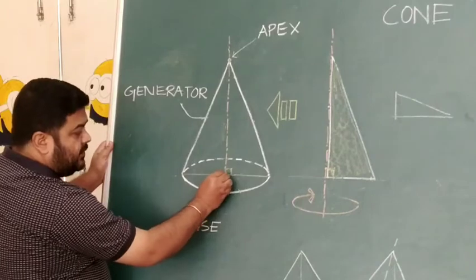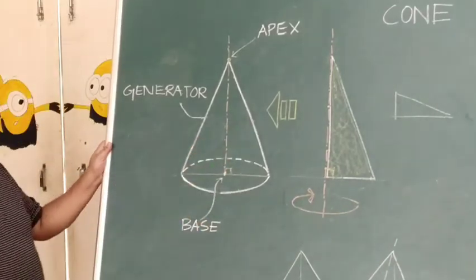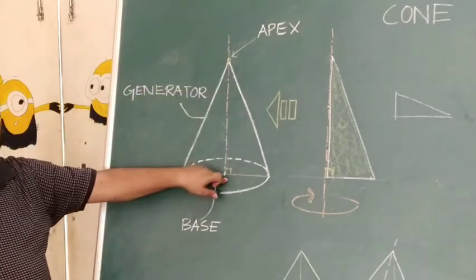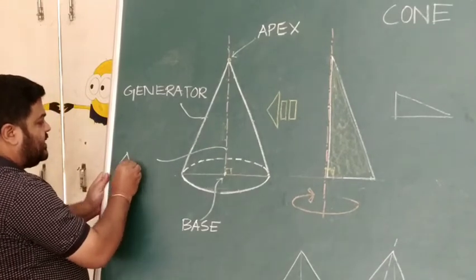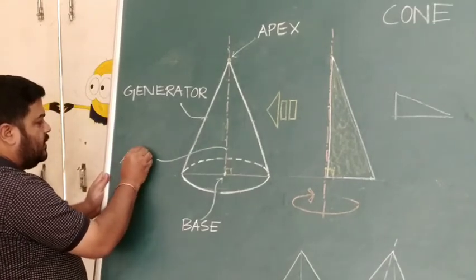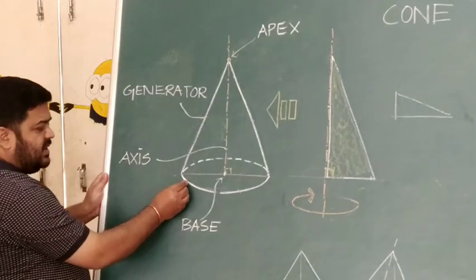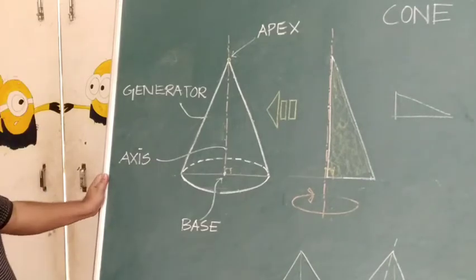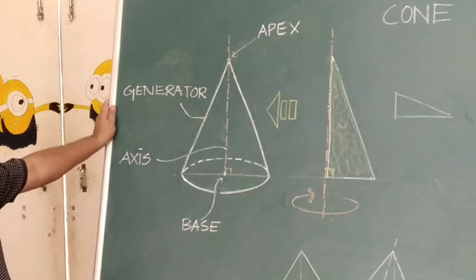Here is the center of the base. This imaginary line which passes through the apex and the center of the base is known as the axis. This is the circumference of the circle. These are the various parts of the cone.